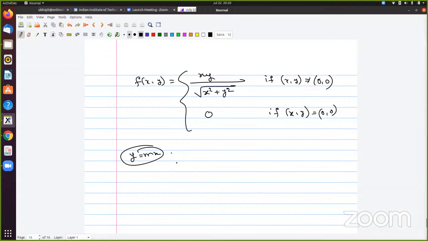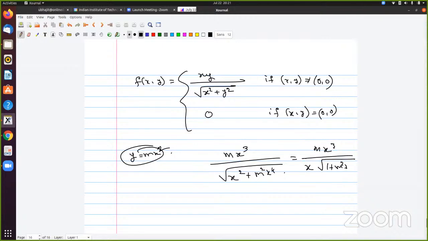Mx square, sir. Okay, put it. So it is mx cube, m square x power 4. So this is mx cube, then x square, so x will come out. So again x will be there, no? So again it will be 0.